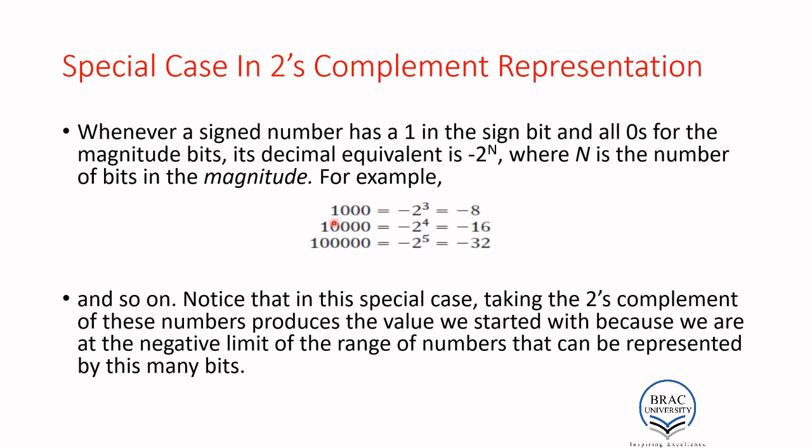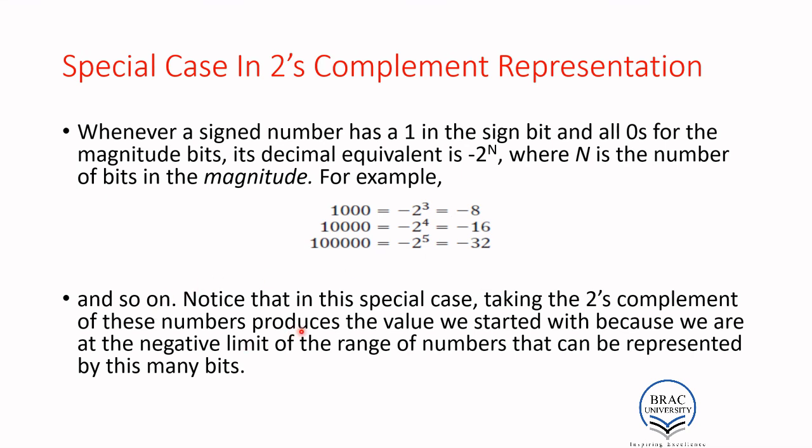Just look here, 1, then the other bits 0, so it is minus 2 to the power n, where n is the number of magnitude bits: 1, 2, 3. So it becomes minus 8. Likewise, 1 followed by 4 zeros is minus 2 to the power 4, minus 16. And 1 followed by 5 zeros is minus 2 to the power 5, minus 32, and so on.